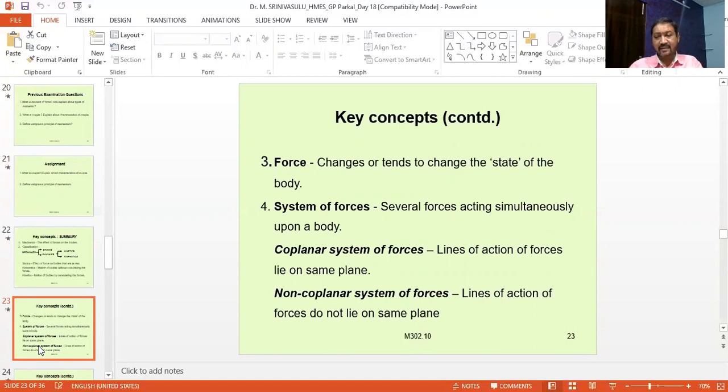However, force was defined by us in the lower classes, and anyhow we have defined it here also.